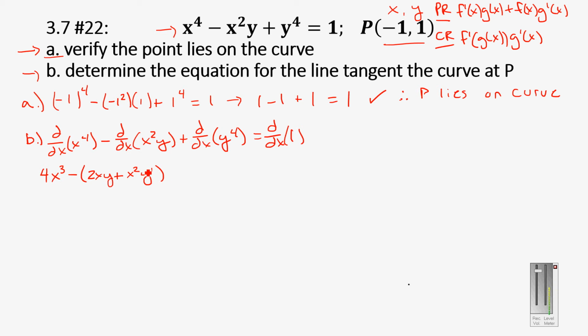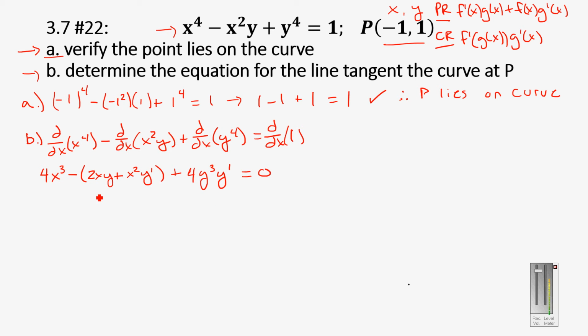That's the second term there. And then we're going to add that to, so now we need to do a chain rule on this y to the fourth power. The derivative of the outside is going to be 4, leave the inside alone, y cubed, times the derivative of the inside, so that just becomes a y prime, equals 0. So we're getting close now.